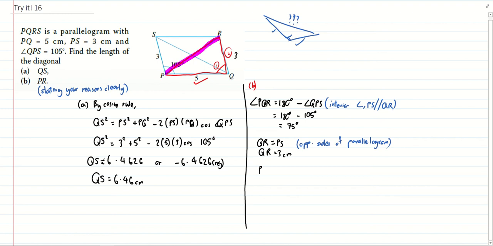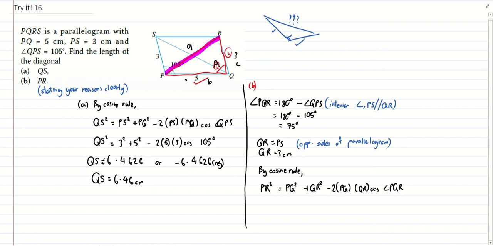By cosine rule, we will have PR squared equals PQ squared plus QR squared minus 2 PQ QR cosine angle PQR. If you're confused, just label them: angle A, then b and c.